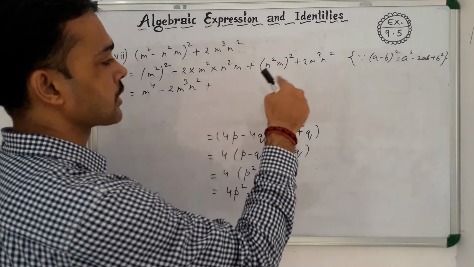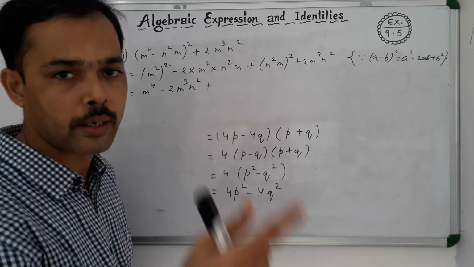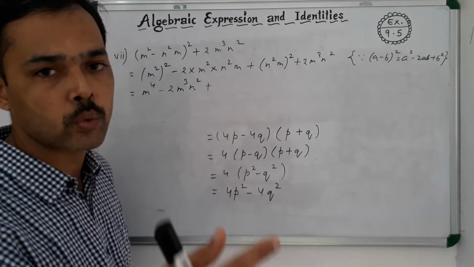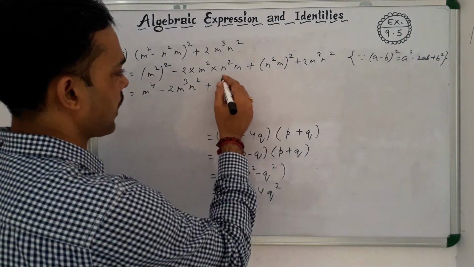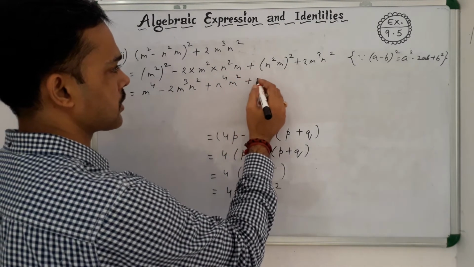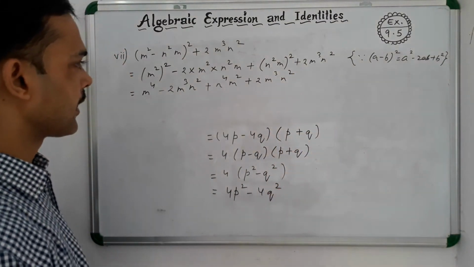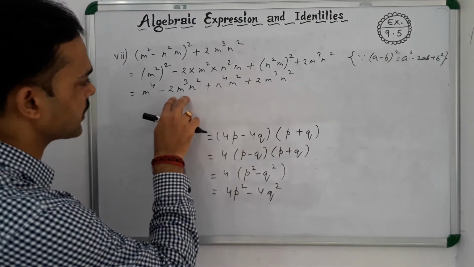plus n square m whole square means n square m into n square m. N square into n square will be n raised to the power 4, and m into m will be m square, plus 2m cube n square. Now see what you are observing, these two are like terms.